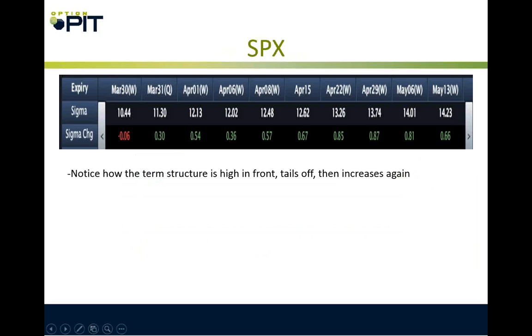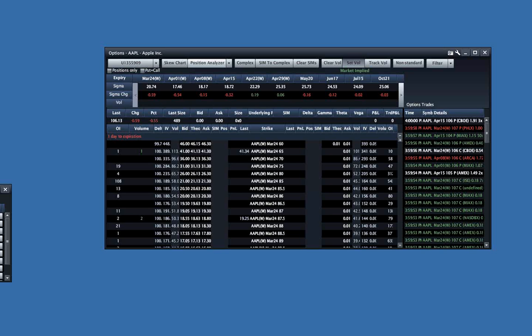Now, looking at SPX, notice how term structure will be high in the very first week. If I pull up my Apple quote again, notice Apple in the options expiring tomorrow is higher, and then it switches to this normal curve. SPX is very similar.